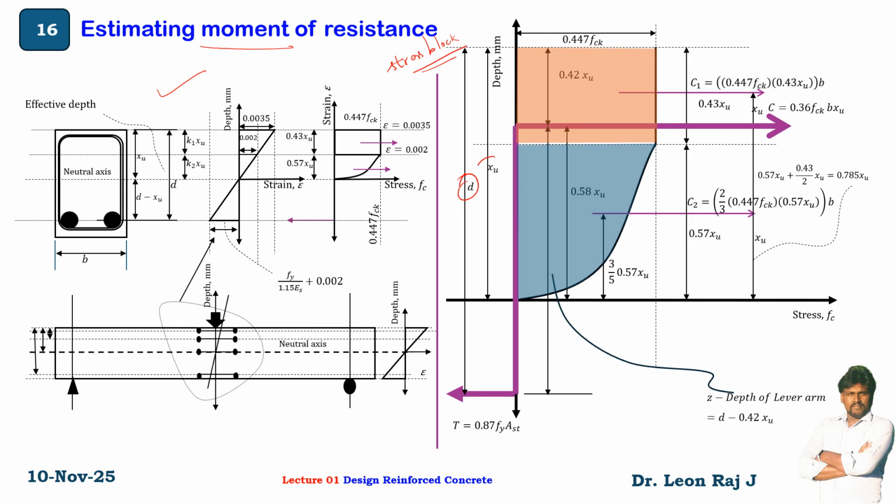The depth of the neutral axis is XU. You have two portions: one is the rectangular portion and the other is the parabolic portion. The area of the stress block is 0.447 fck multiplied by 0.43 XU. This height you can see is 0.43 XU. This is the rectangular region, and this is the parabolic region.